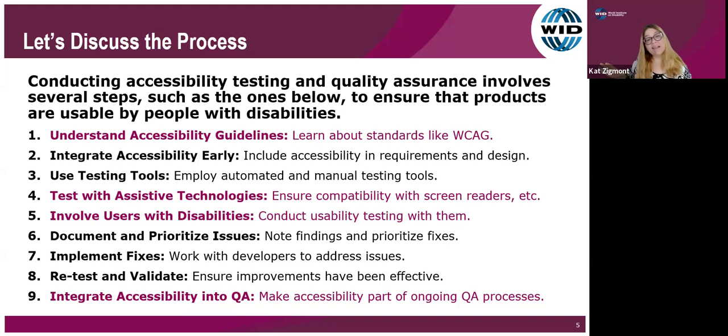And so again, this is an example of how someone might go through that process. You see here I have some maroon and black items. The reason for that is WID and I focus primarily on guidelines, assistive technology use, UX testing with people with disabilities, and working with companies to integrate a process like this into their design structure.